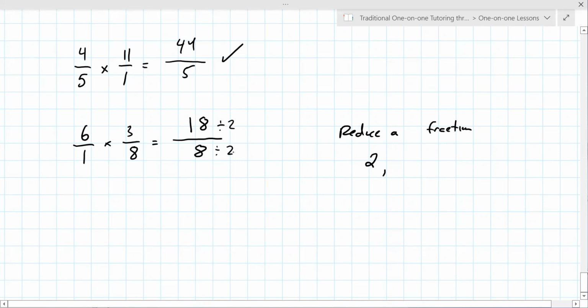Can you divide 8 by 2? 18 divided by 2 is 9. Okay, 9 on top. The order matters. You have to go from left to right. How about 8 divided by 2? 4. Very good.